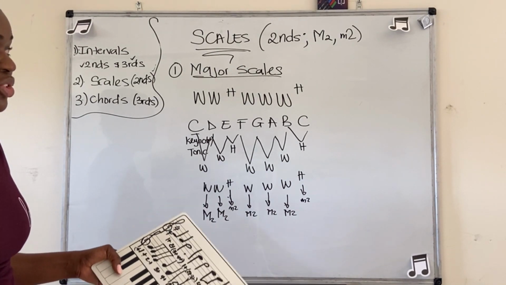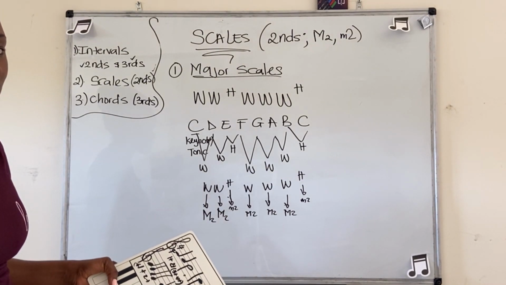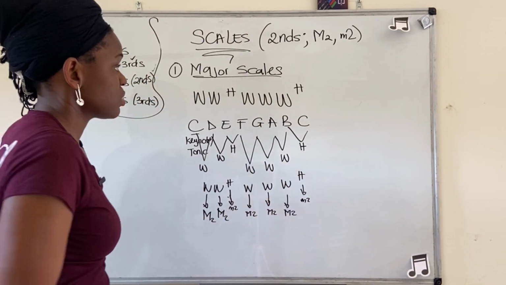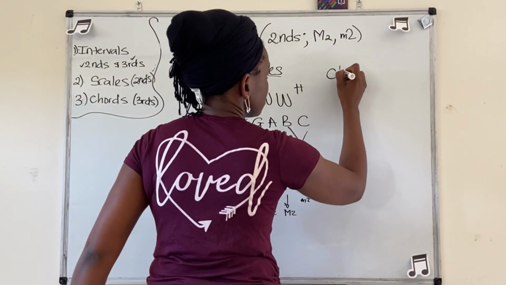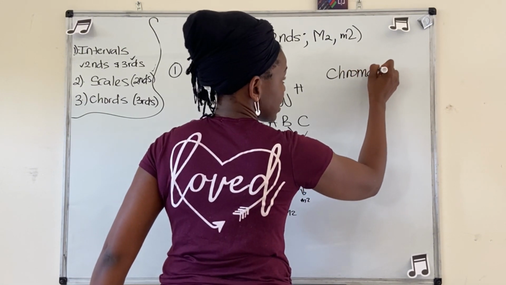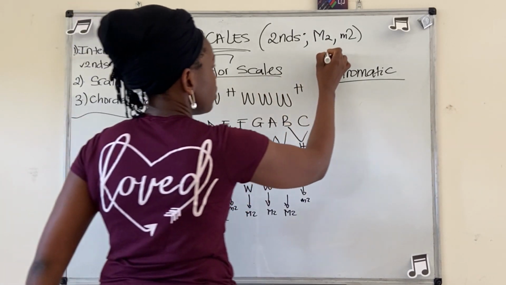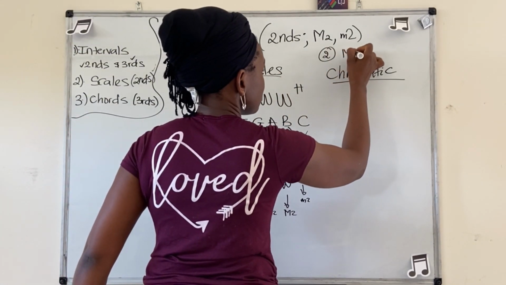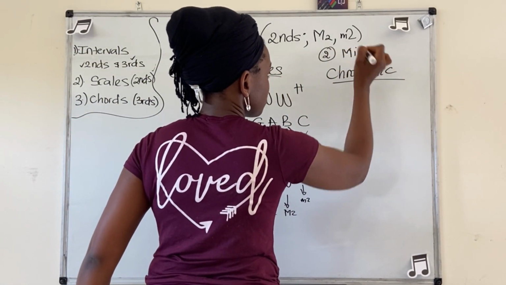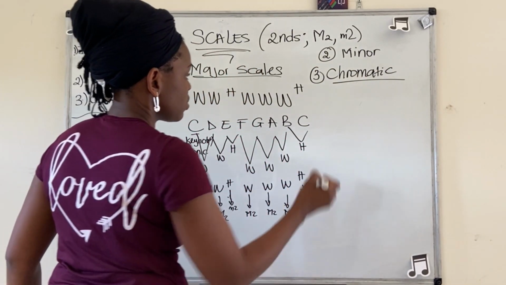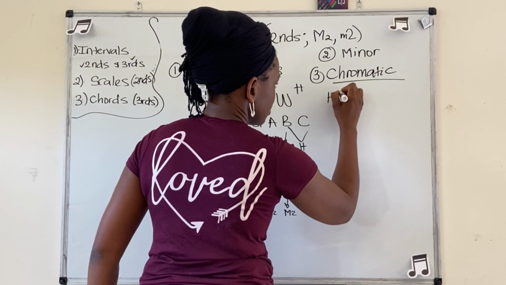But I can mention the chromatic scale because chromatic scales only use the half step, or the minor second. So you will not be surprised: we have one, the major scale. We have two, the minor scale, which we'll be looking at in subsequent videos. And then the third one, the chromatic scale, which is also very easy because it only uses half notes.